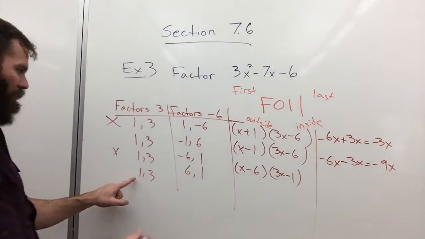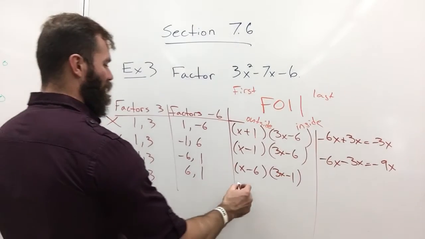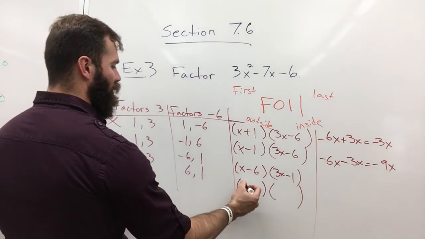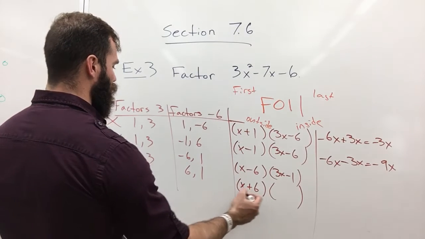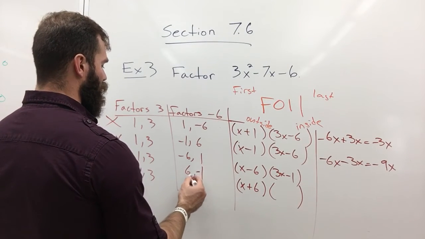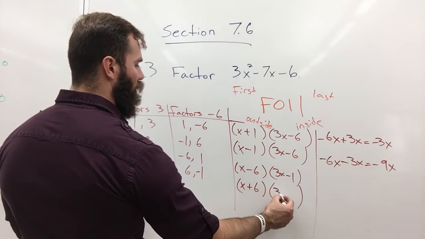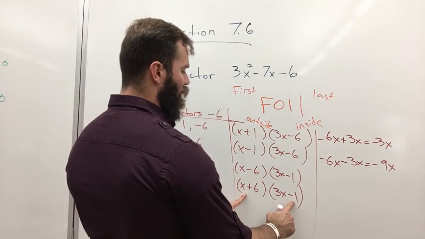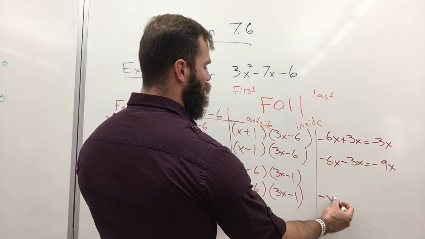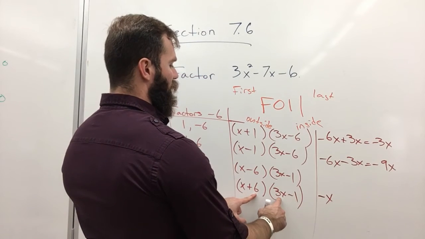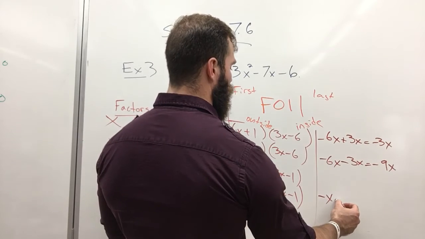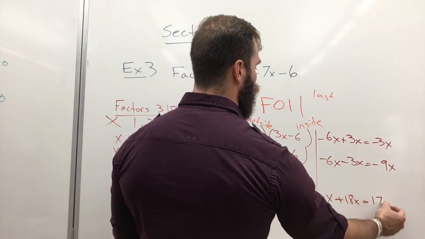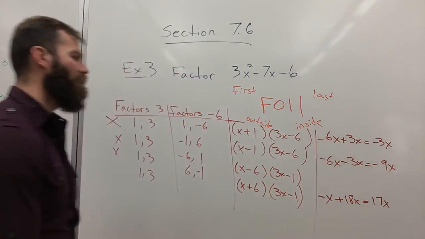All right, now let's try this one. 1 and 6, so 1x plus 6. 3 and negative 1, 3x minus 1. Come to the outside terms, negative 1 times x is negative x. 6 times 3x is 18x. Well, that definitely isn't the right answer. 17x.